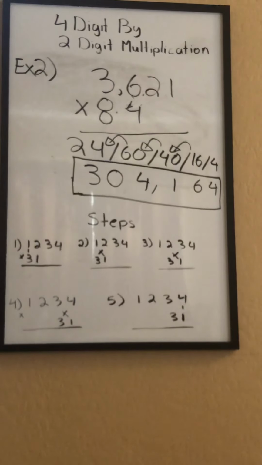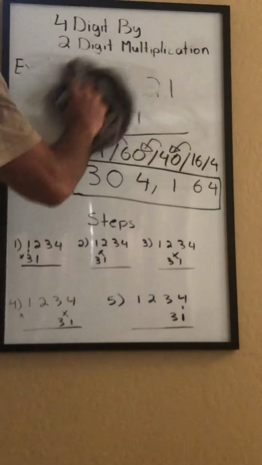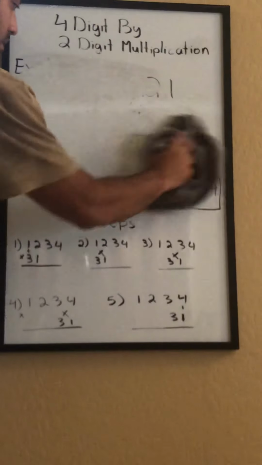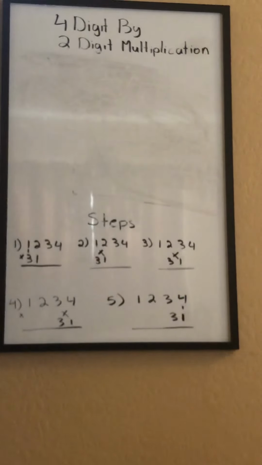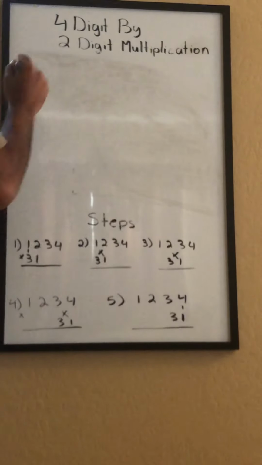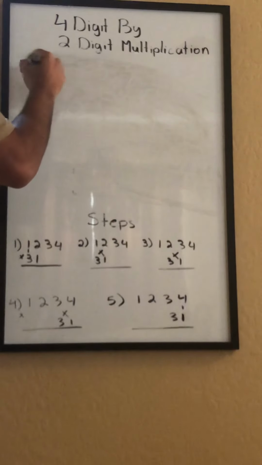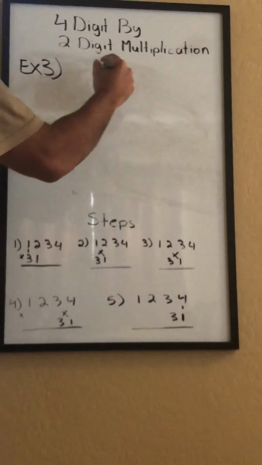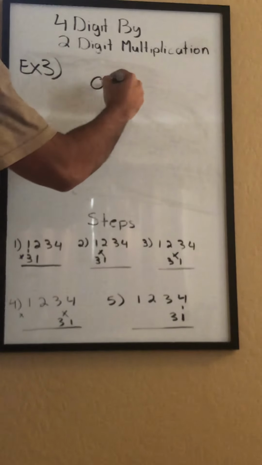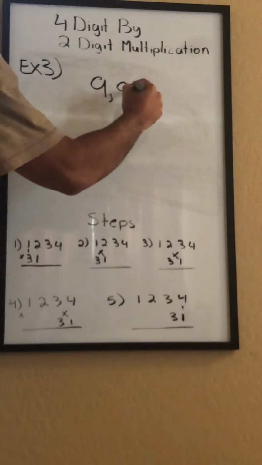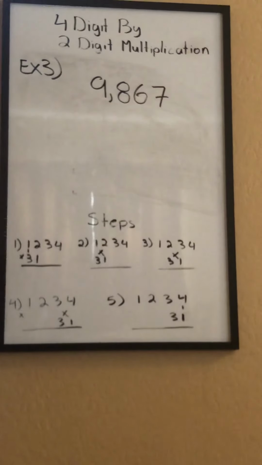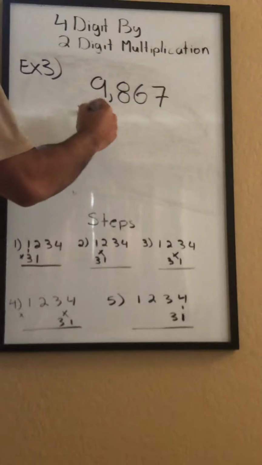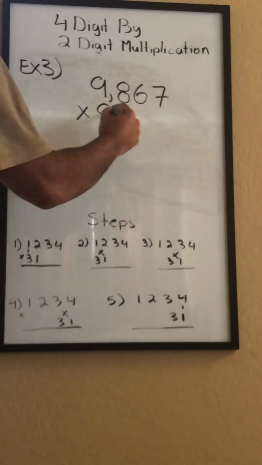Example 3, let's go ahead and do that. Okay, so let's make the numbers a little bigger now, more carries. 9,867, I want to make all the numbers over 5, so there's more carries, times 87.